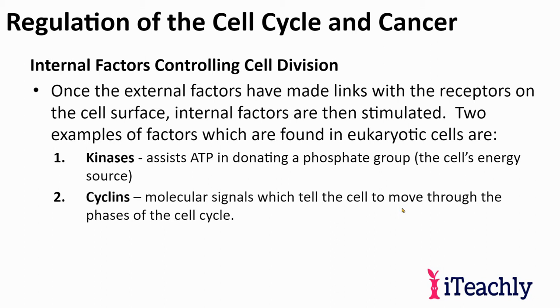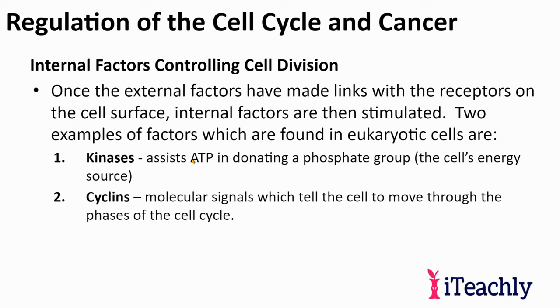Okay, once the external factors have made links with the receptors on the cell surface, internal factors are then stimulated. Two examples of factors which are found in eukaryotic cells are kinases. These are the things that get phosphorylated and turn things on, right? So it's going to receive a phosphate group from ATP, and I think I showed you this with that kinase phosphorylation cascade.